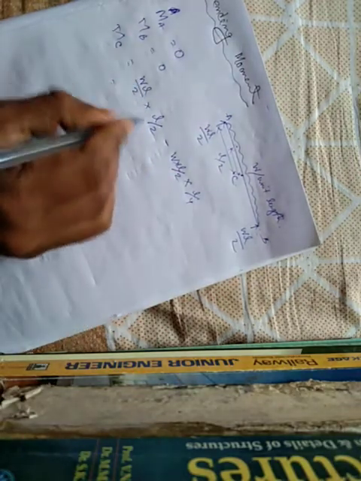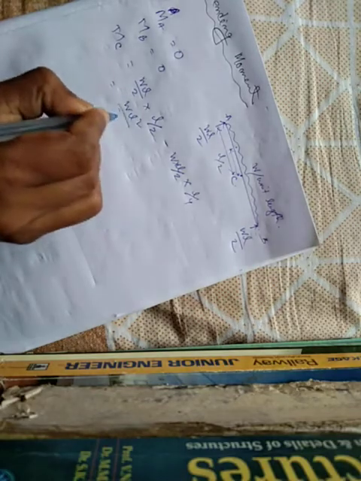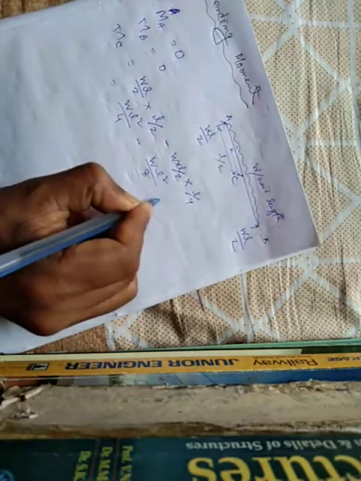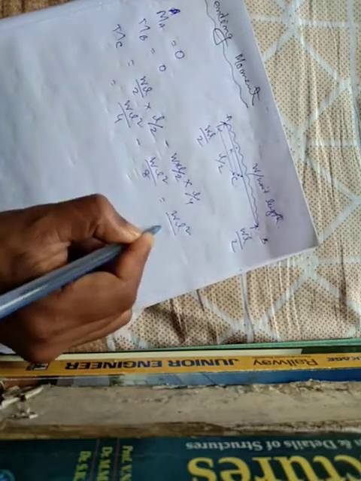This is WL square by 4 minus WL square by 8, which is equal to WL square by 8.